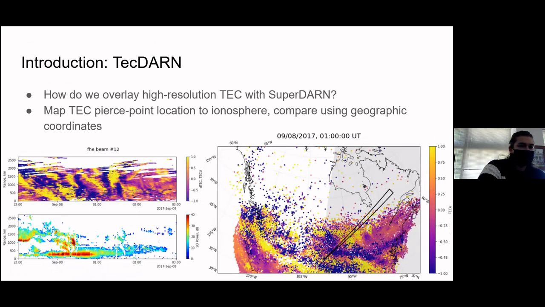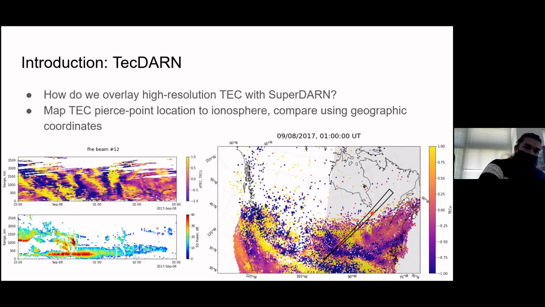So I'm calling this TEC darn. I'm not sure if that's accurate, but how do we compare the two data sets? Well, basically, you take a SuperDARN RTI plot and you take a TEC plot, and you just draw over the TEC what the radar would see. So you draw the mean of the radar, and then you see if any of the points are within the mean.